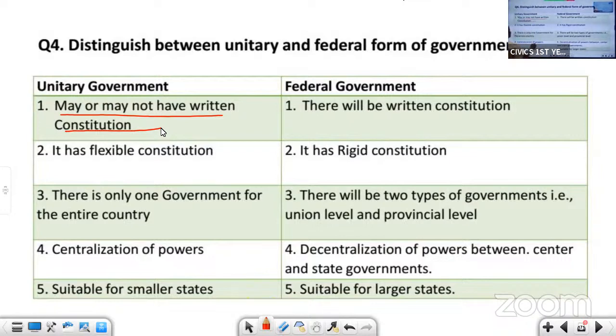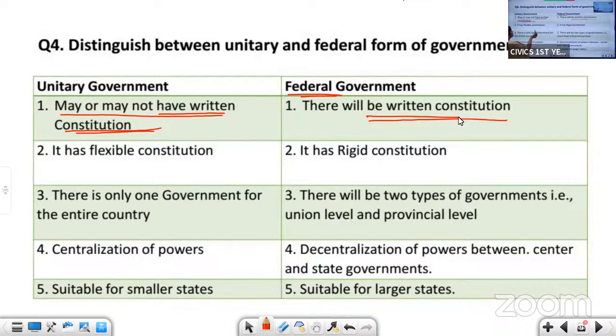So it is not compulsory that a unitary government should have a written constitution. Whereas in case of federal government, there will be a written constitution because the powers of the government are divided between the center and the state government. So it is compulsory to have a written constitution.